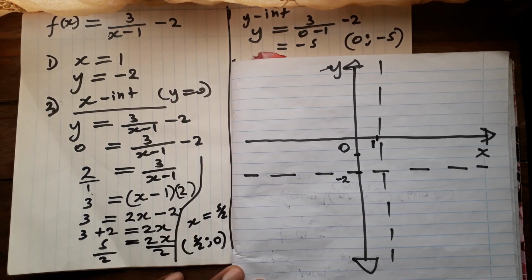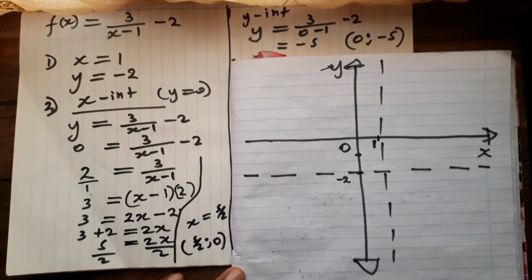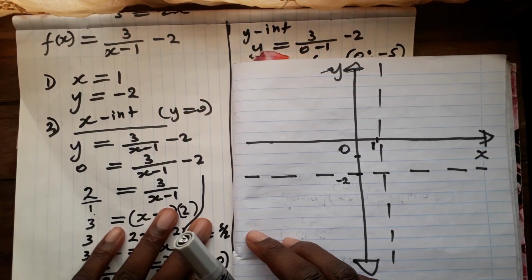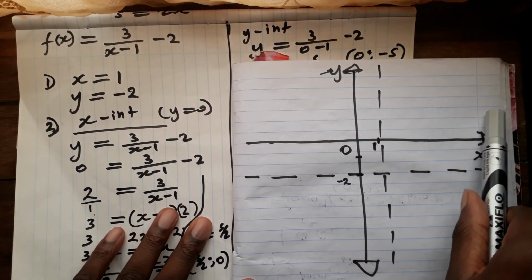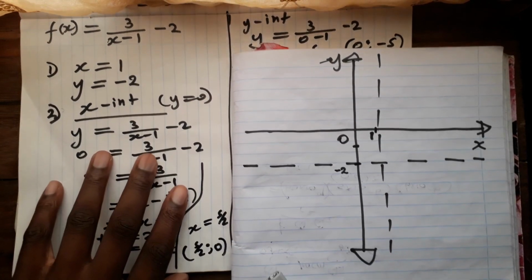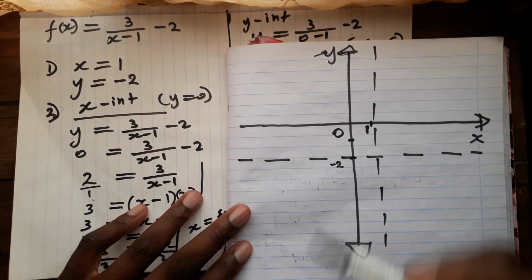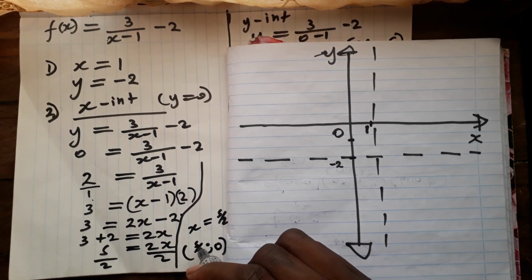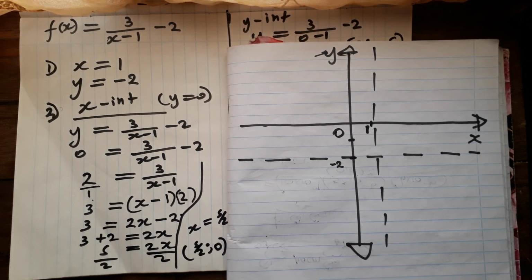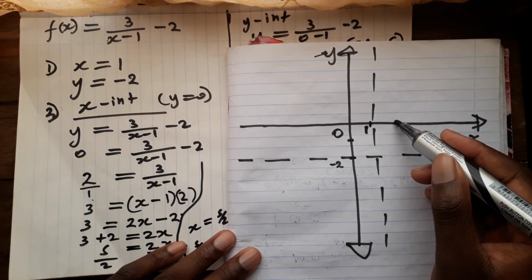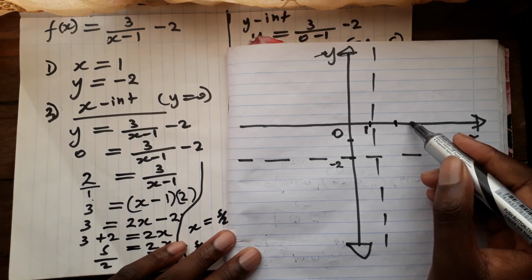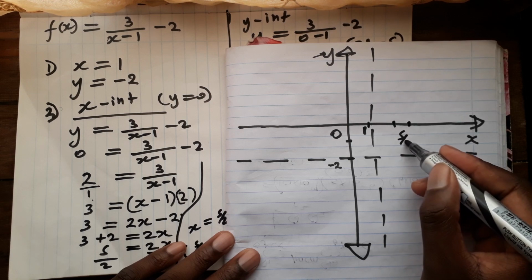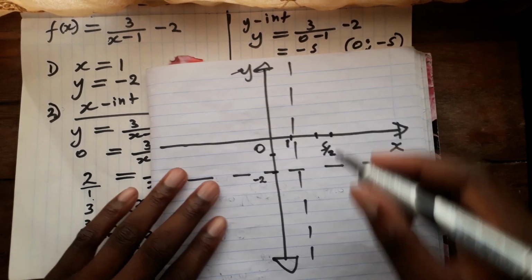Like I told you, when the value of a is positive, our graph is going to be in the first quadrant and the third quadrant. Just take a look at this. So the x-intercept is 5/2, which is 2.5. If 2 is somewhere here, it means that 2.5 will be somewhere there. This is 5/2. Then your graph is going to go like this.